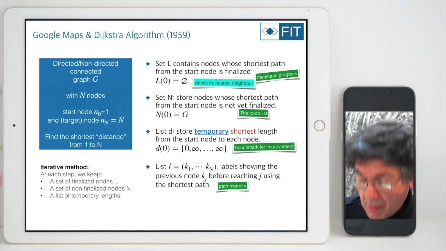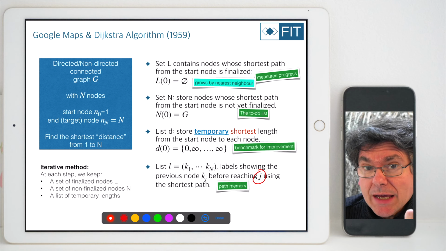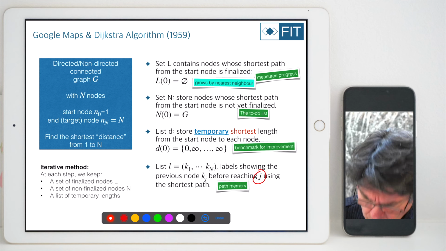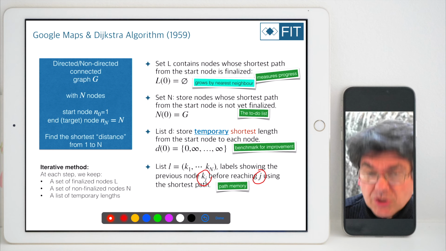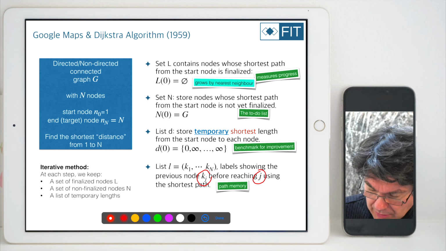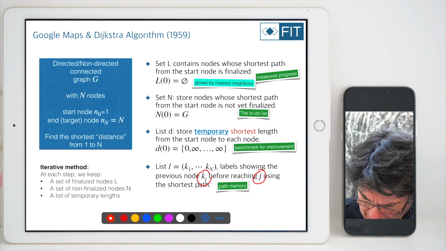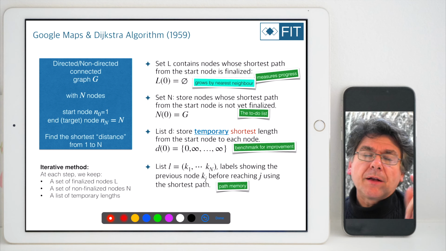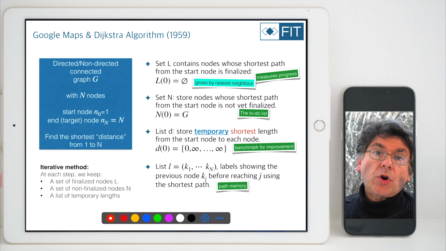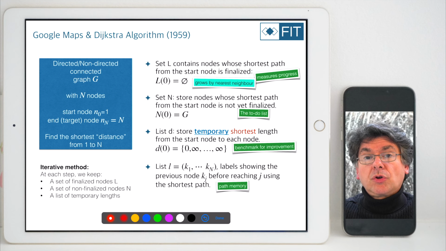We're also going to remember, for all of the nodes in our graph denoted by the label J, labels K sub J, that for each node J tell us the previous node we traveled before reaching node J using the shortest path. So we're going to have a type of memory that tells us, for our optimization solution, the previous node that took us here.